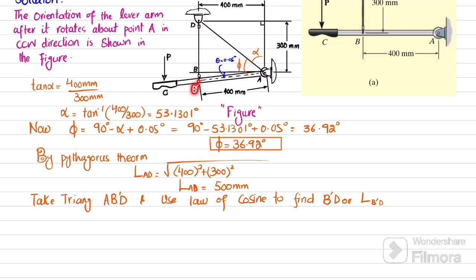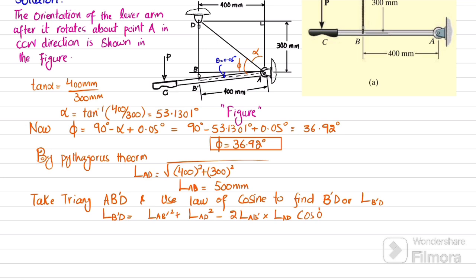By using the law of cosine, which states that the length of B dash D will be equal to the length AB dash square plus length of AD square minus 2 times length of AB dash into length of AD into cos of the angle between them, which is phi.